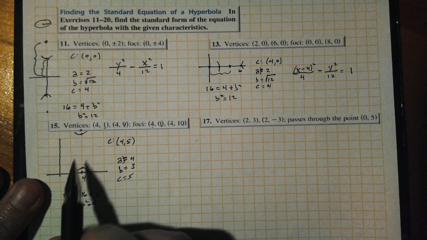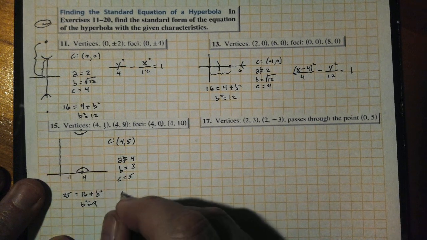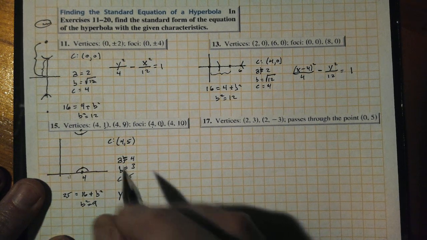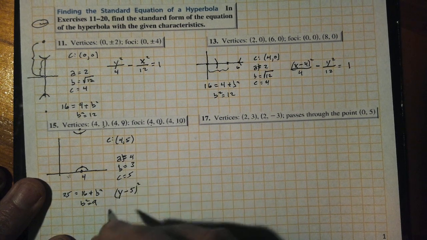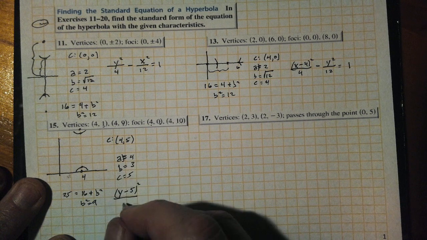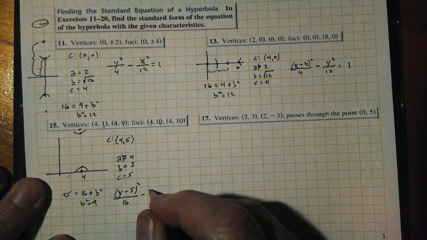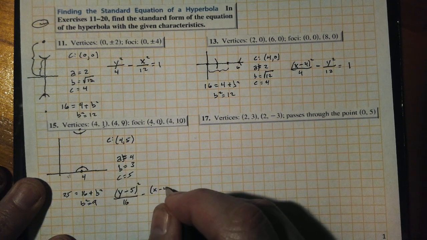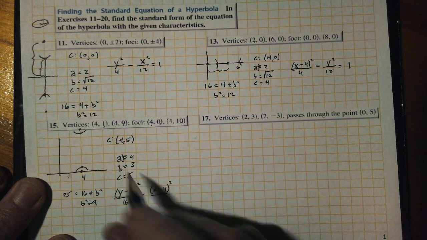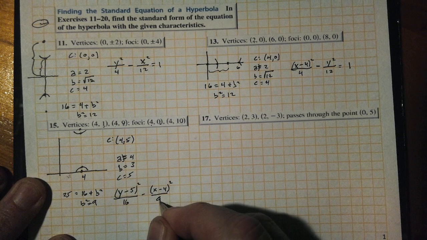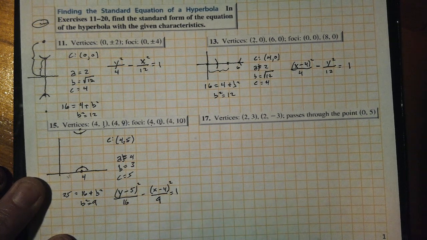But this is a positive y squared hyperbola. So it is y minus 5 squared on A squared, 16, minus x minus 4 squared on B squared, 9, equals 1.